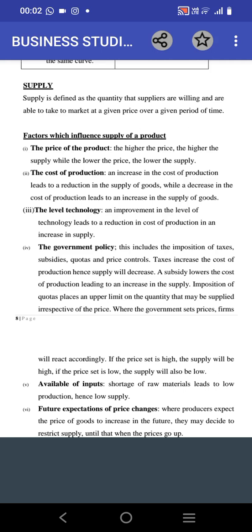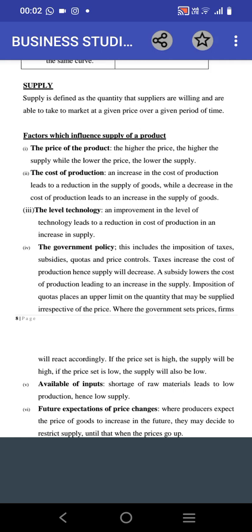If you want raw materials to produce goods and the cost of the raw materials is high, you will not be able to supply more goods to the market.